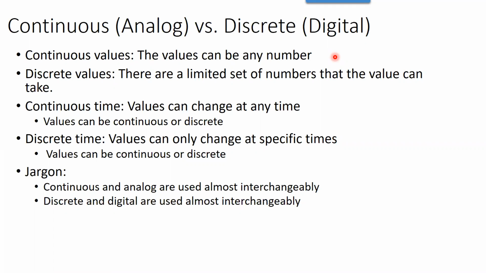So that's continuous. Discrete values are things where there's a jump between values that you can't split the difference. Things like your electron energy levels, right?